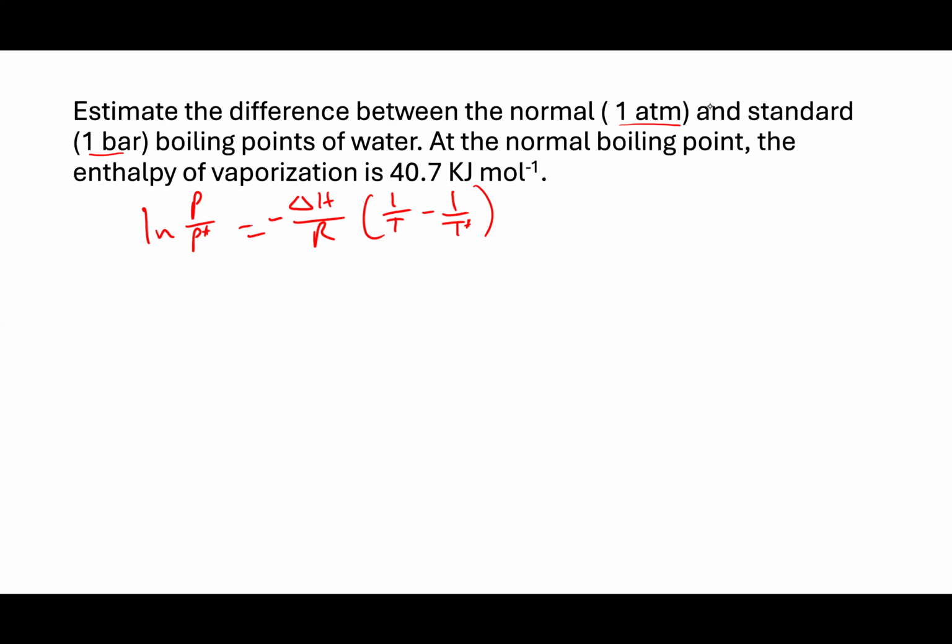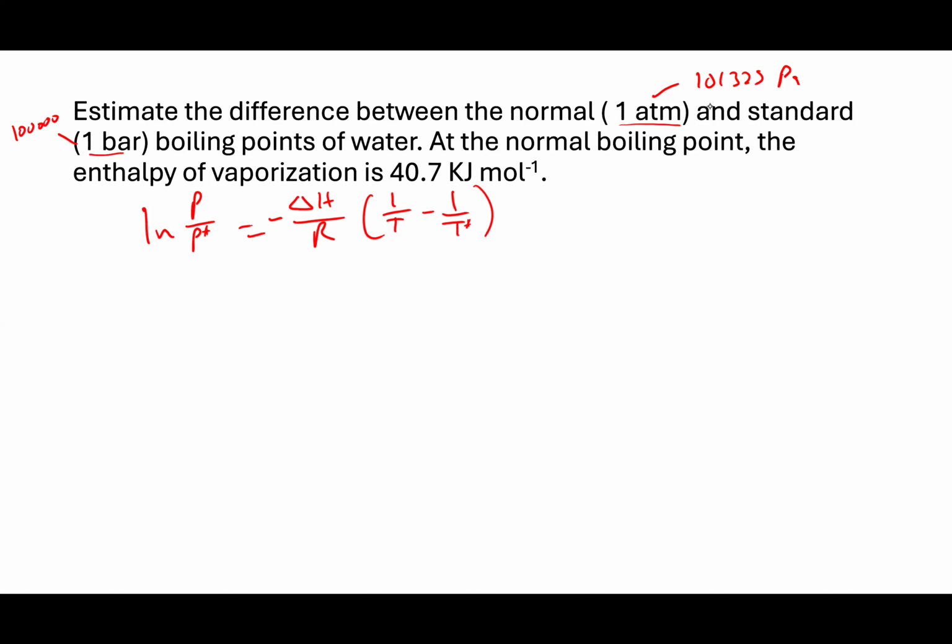So what we need to do instead is to express them in terms of a more common unit, which is going to be pascals. So 1 atmosphere is going to be 101,325 pascals. And 1 bar, as we talked about before, is basically 100,000 pascals. A very, very slight difference, but this is what we're going to be doing here.